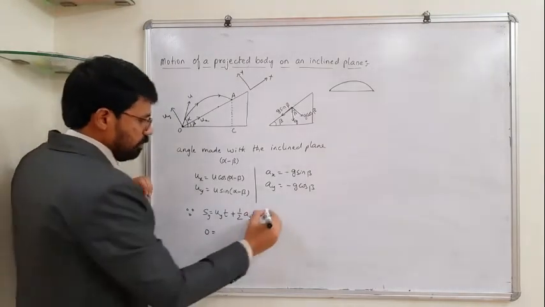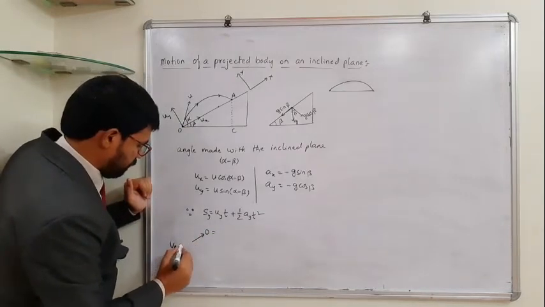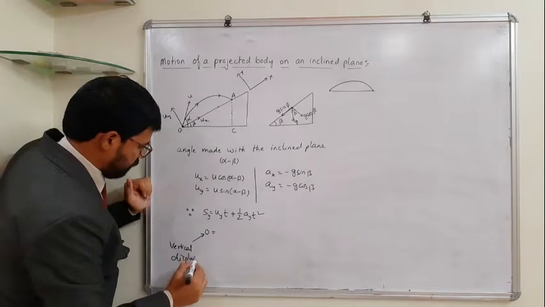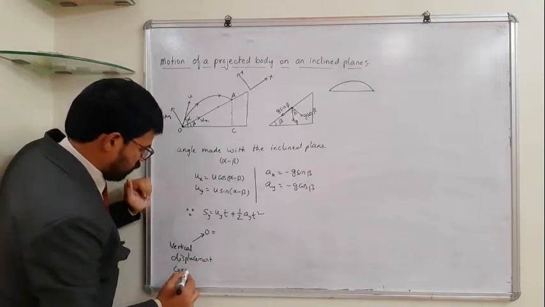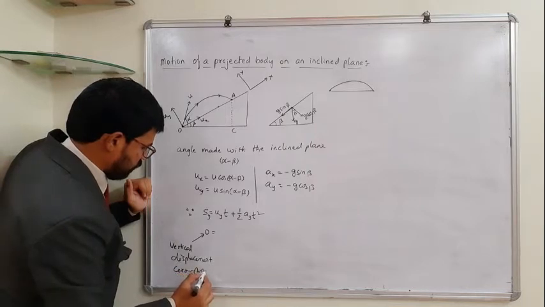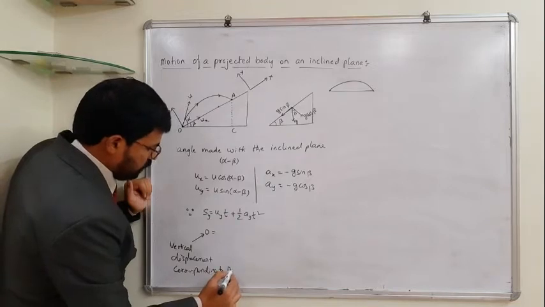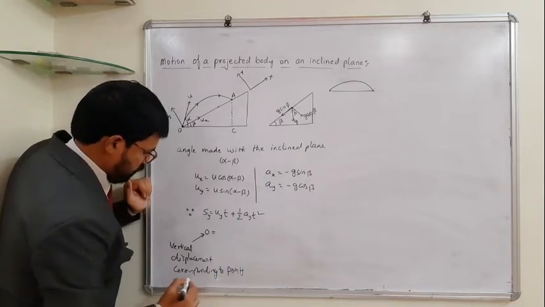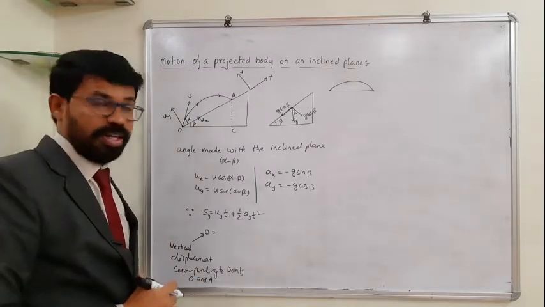The vertical displacement corresponding to points O and A is 0.